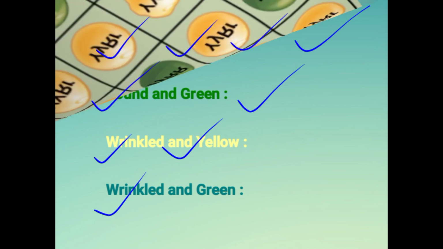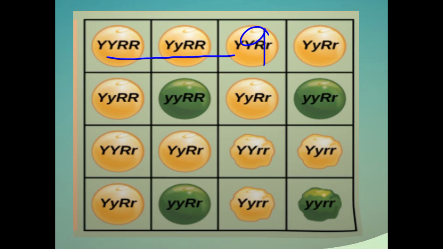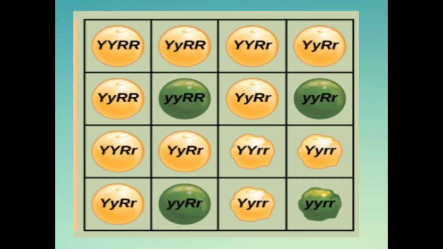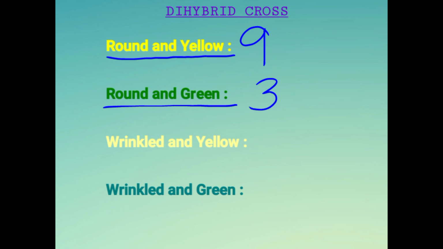Okay, now we'll be finding the round and green. Now it's time for round and green. 1 2 and 3, so 3 round and green.